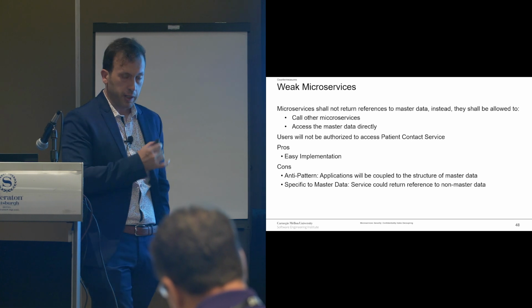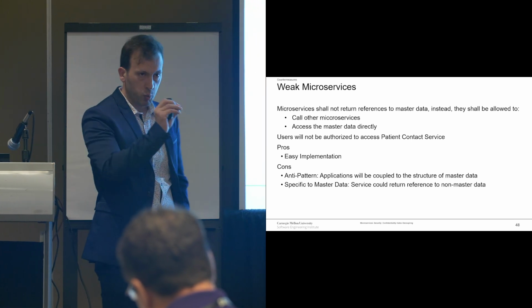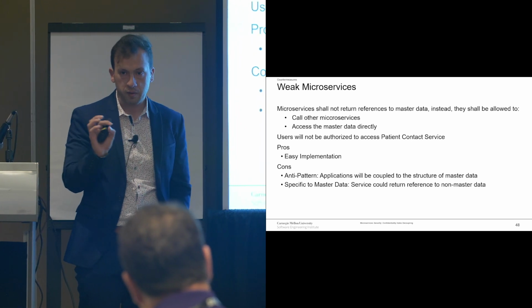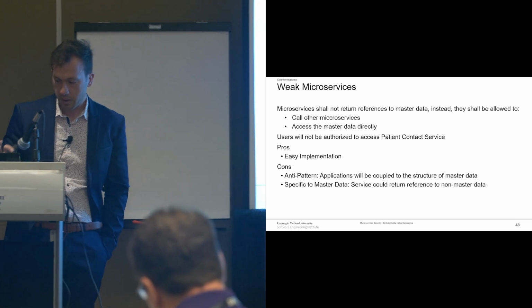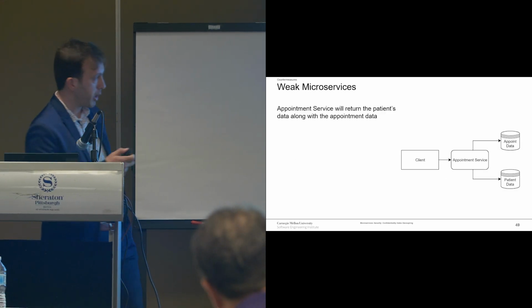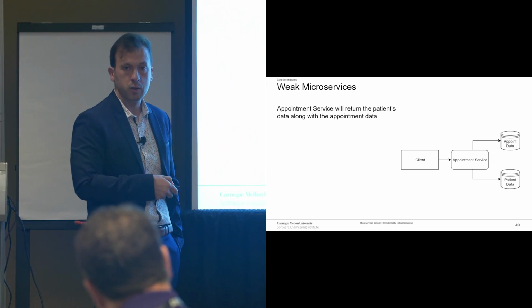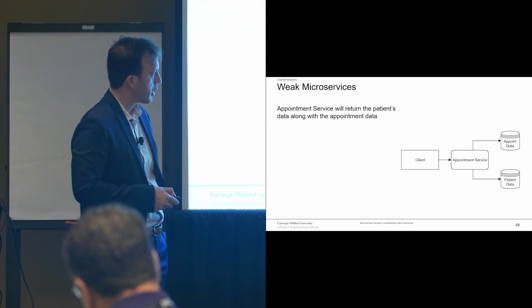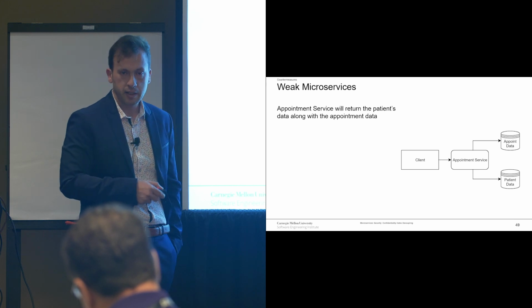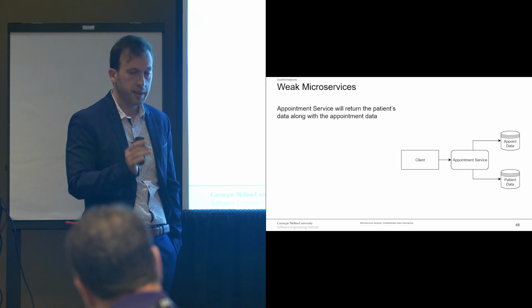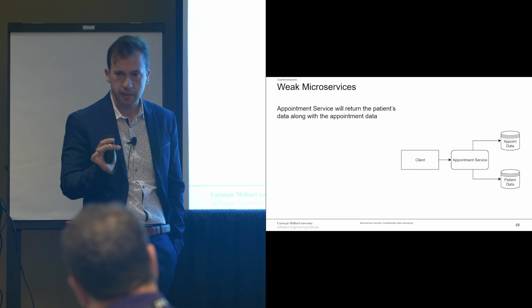Well, I made this concept, weak microservices, because it is not fully microservice. It's a service, or let's say a microservice, but we can allow it to access the patient master data directly. And this is just an exception for master data.